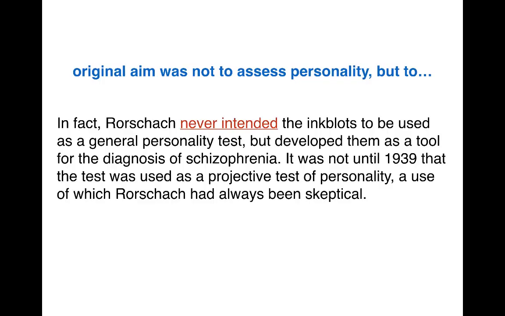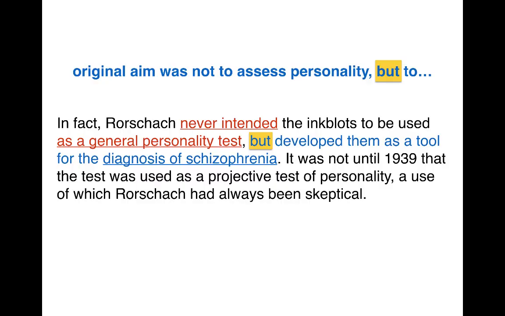That is the same as his original aim was not. He didn't intend to do something. So, if he never intended the ink blots to be used as a general personality test, what did he do instead? But to. Notice we have the word but in both the question and in the passage there. So, here we have the answer.